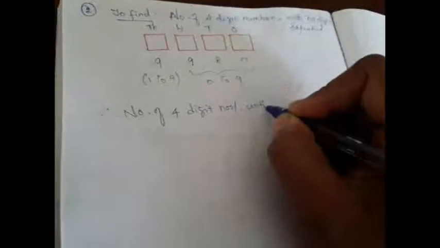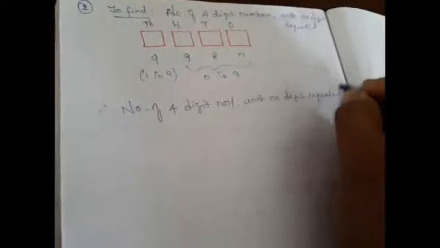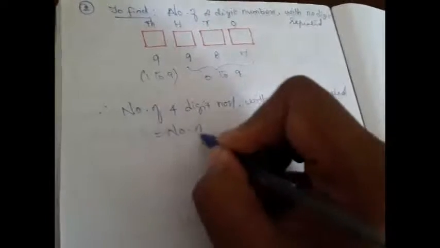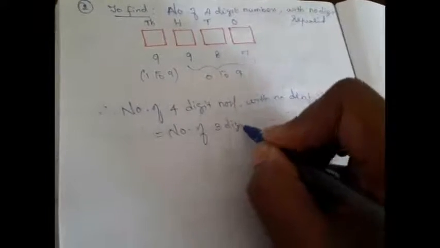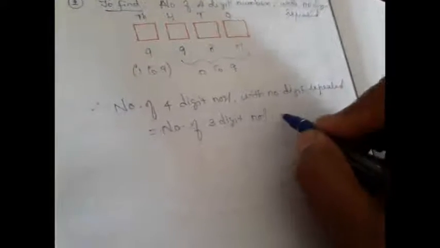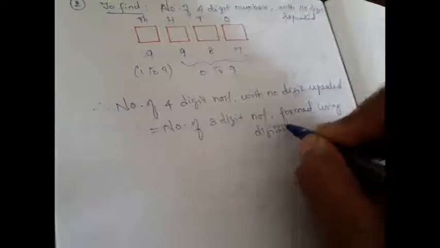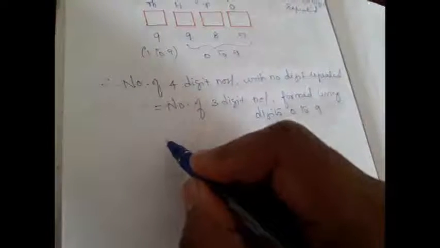So the number of 4 digit numbers with no digit repeated is same as the number of 3 digit numbers formed using 9 digits.